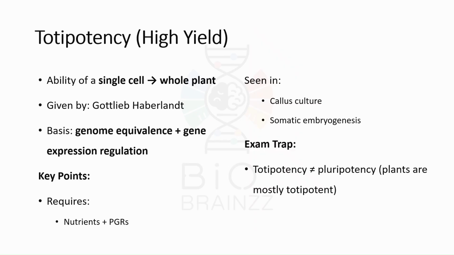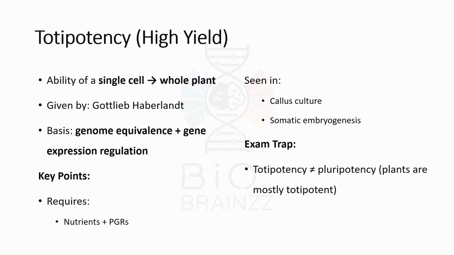Totipotency means the ability of a single plant cell to form a complete plant. This concept was given by Haberlandt. It is based on the idea that every plant cell has the full genetic material, but different genes are activated or deactivated depending on conditions.